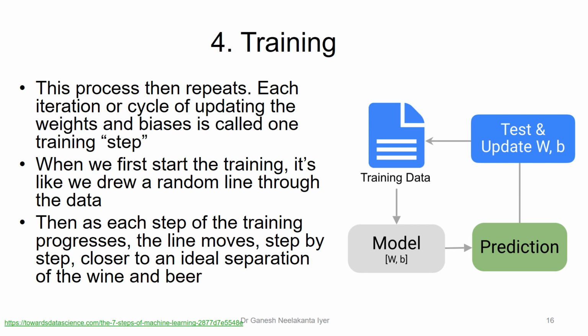This process is repeated. Each iteration or cycle of updating the weights and biases is called a training step. When we first start the training, it is like we draw a random line through the data. Then as each step of the training progresses, the line moves slowly, step by step, closer to an ideal separation of wine and beer.